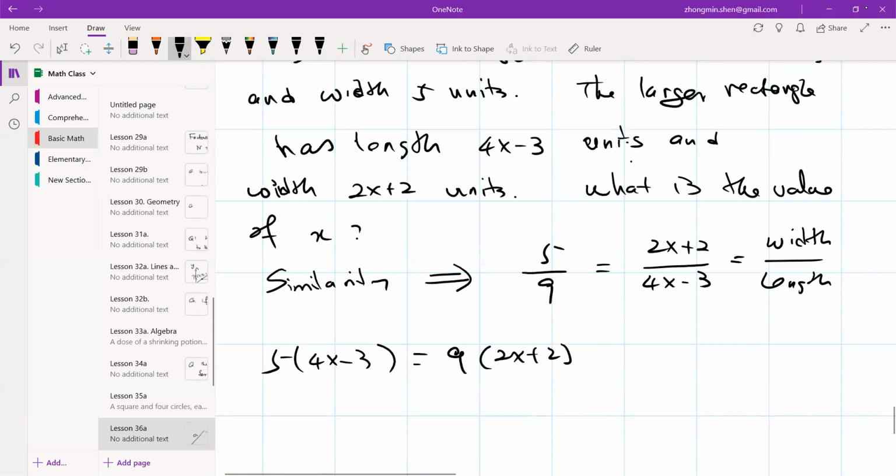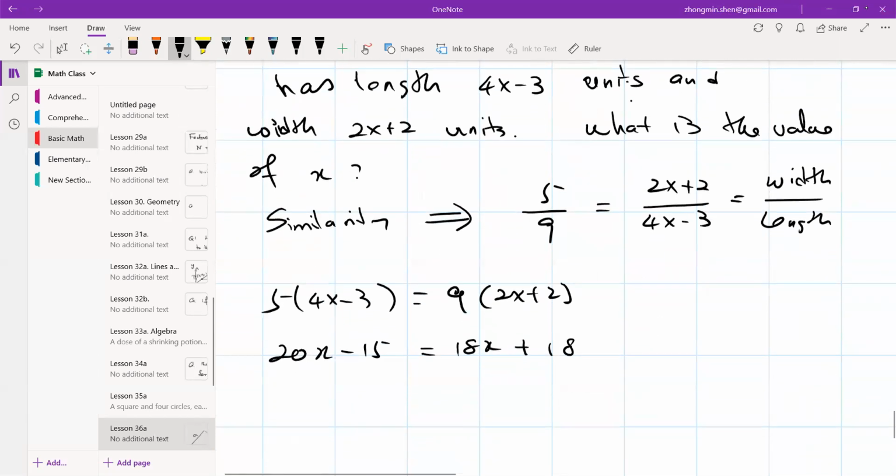So multiply this out: 20x minus 15 equals 18x plus 18. Then 2x equals 18 plus 15, which is 33. So x is going to be 33 over 2.